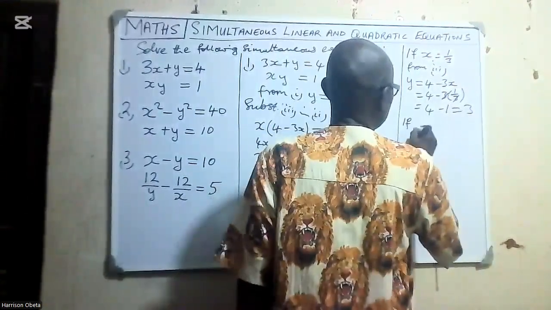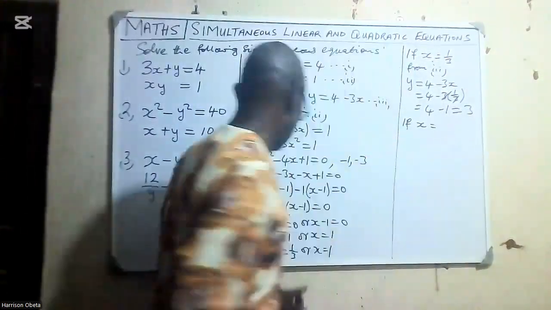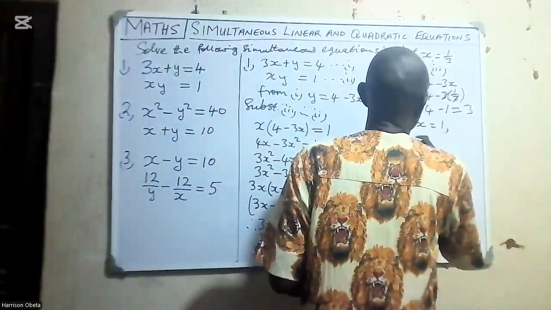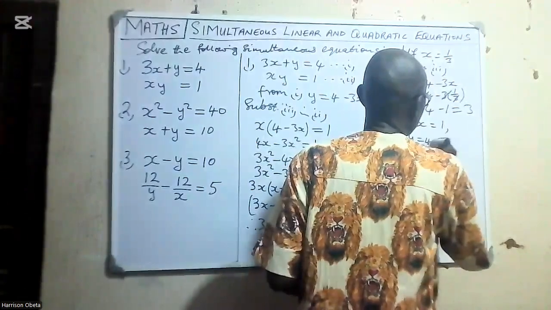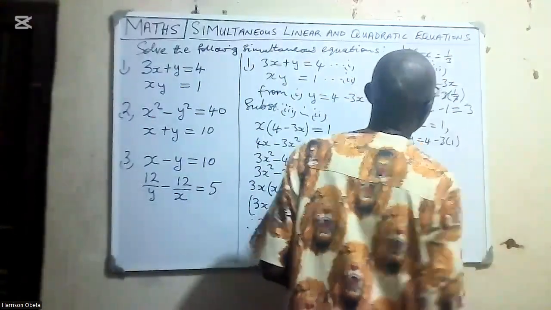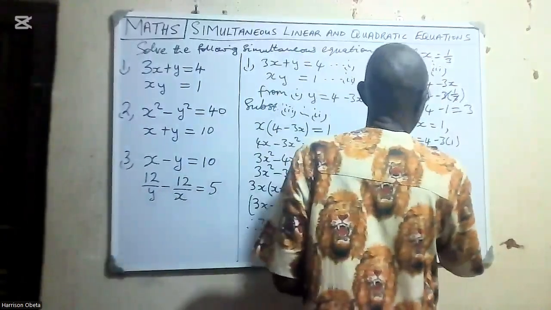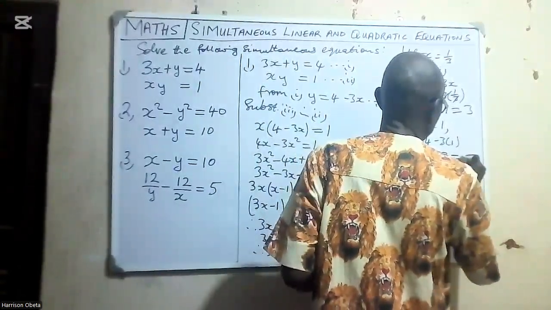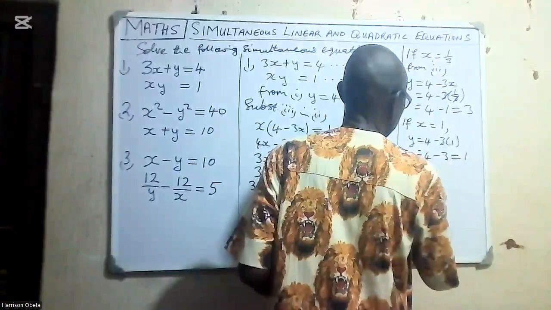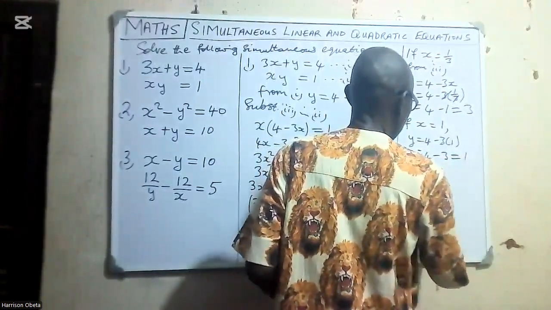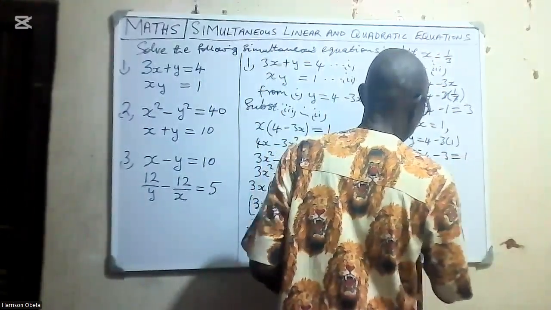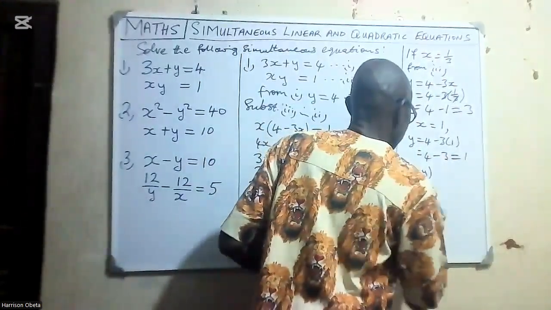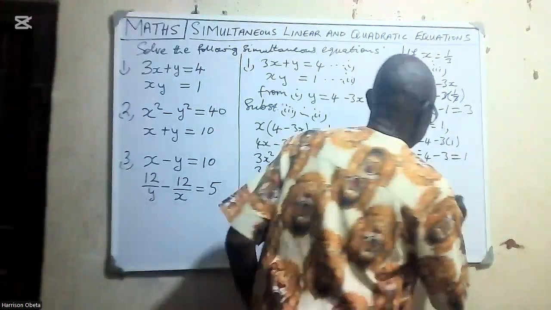But if x is equal to 1, then y should equal to 4 minus 3 brackets 1, and that will give us 4 minus 3, which is 1. Therefore, our x comma y should be equal to, remember, when x is 1 over 3, comma, y is 3.